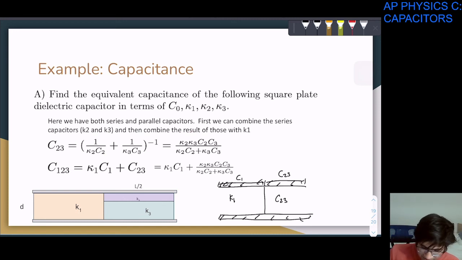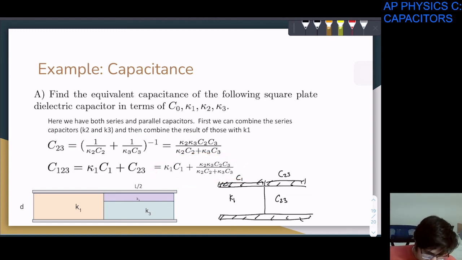The way we do that is pretty easy: we just sum up the capacitances. The capacitance of this left part is just kappa 1 times C1, and the capacitance of this right part is what we just calculated, this C23 expression. So we end up getting this as the equivalent capacitance.